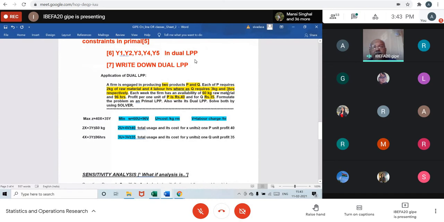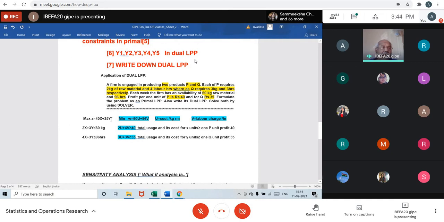Q requires 3 kilograms and 3 hours respectively. Resources available: material is 60 kilograms, hours 96. Profit is 40 rupees for one P and 35 rupees for one Q.